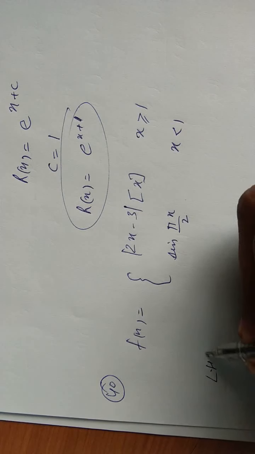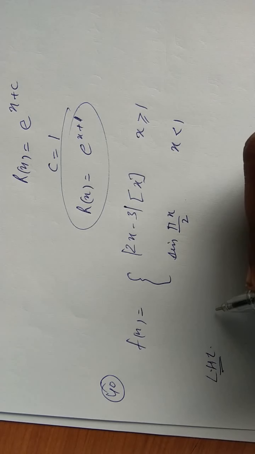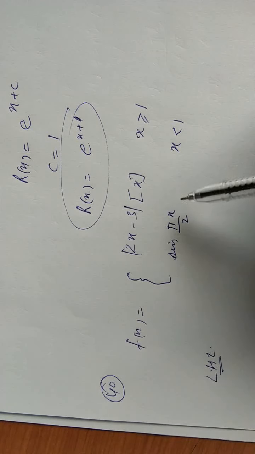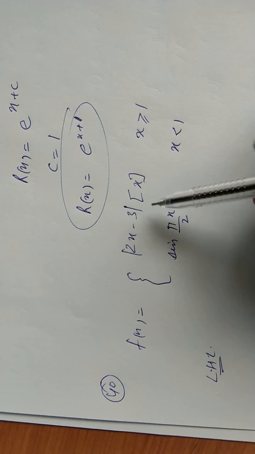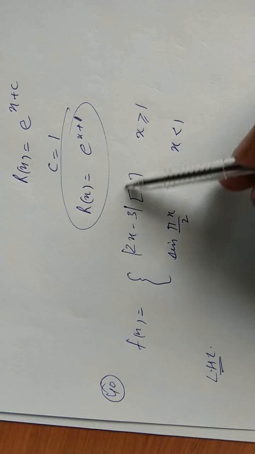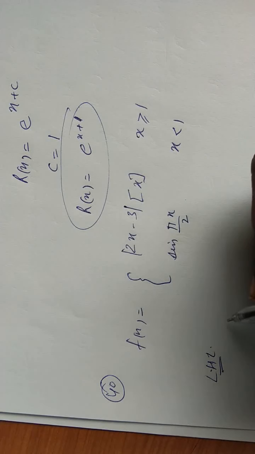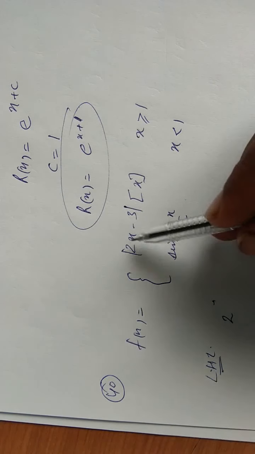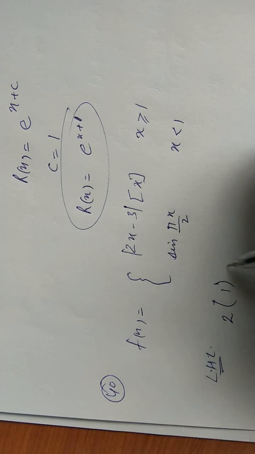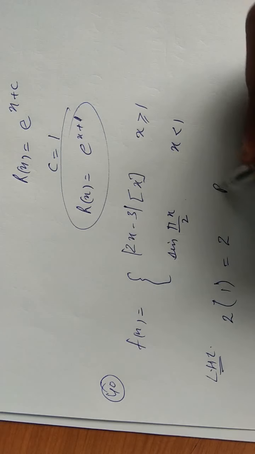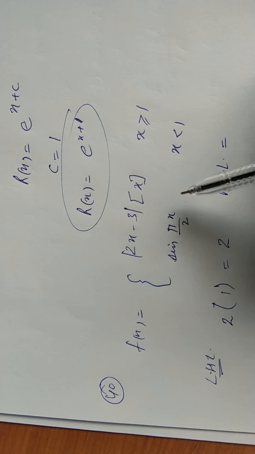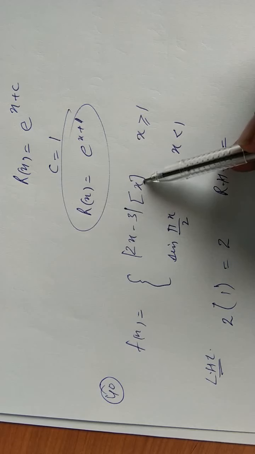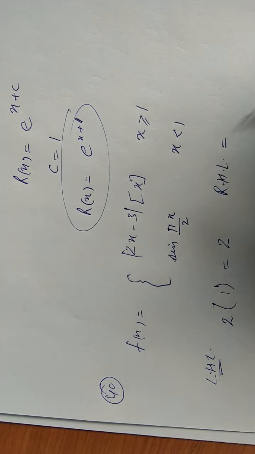Okay, so first we'll check at x is equal to 2. So LHL would be, when the function tends to 2 from the positive side, the box of 2 positive will be 2, and 2 times 4 minus 3 would be 1. So LHL would be equal to 2. Talking about RHL, when the function tends to 2 from the negative side, this will become 1, and this will become 4 minus 3, 1.